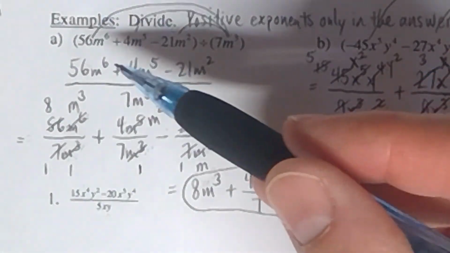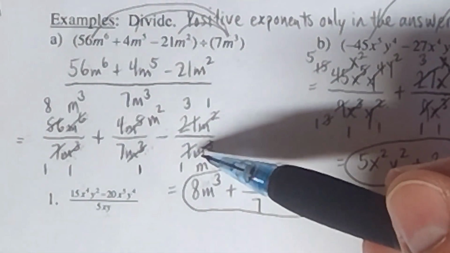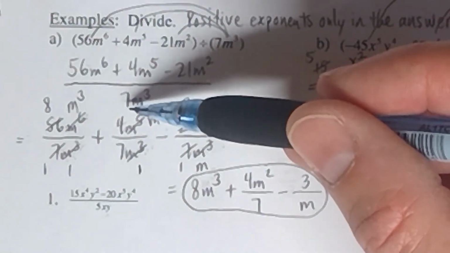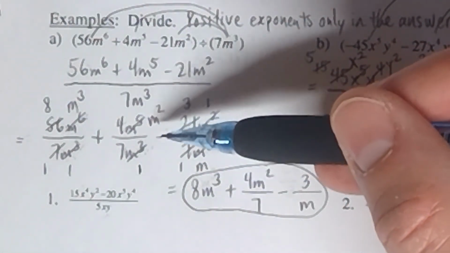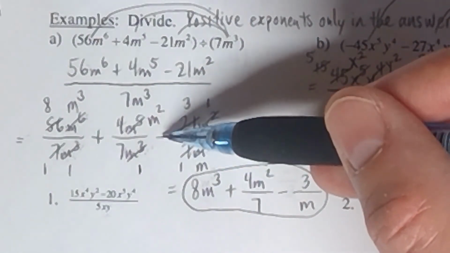Let me explain what I mean by that. Back in the second day of class, when we had these division problems and we figured out that one of the fractions was supposed to be negative, what did we do? In other words, right here we have negative divided by positive. So that was supposed to be a negative answer right there. What did we do? We put the minus in front, but we didn't keep it on the inside. There's no negative inside the fraction, it's just in the front.